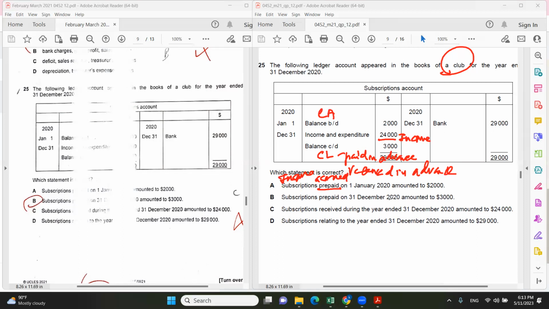Subscription prepaid on 31st, yes, this one, 3,000 is a liability, which is members paying in advance. Subscription received during the year amount to 24? Amount received is this one, 29,000. Subscription related to the year ended is this amount, income and expenditure. So the answer will be B.